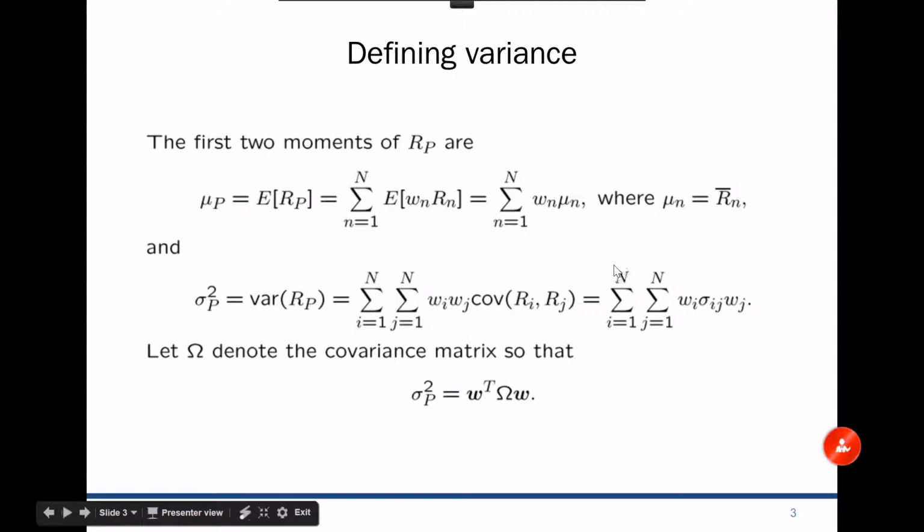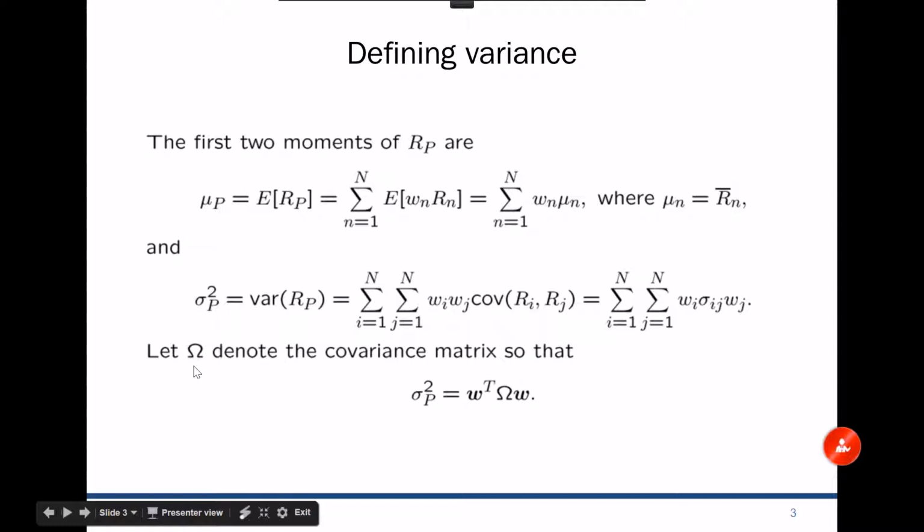And actually, if we use matrix, we can simplify the notation for this one. We have two summations, which is not so pretty. We can simplify this further. Okay, let us use omega as the covariance matrix. A very important concept in finance. Covariance matrix is almost everything in finance, in risk management and asset pricing.